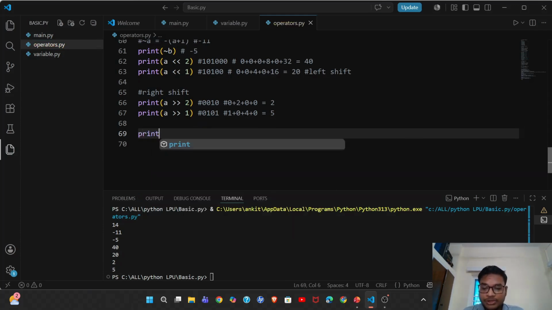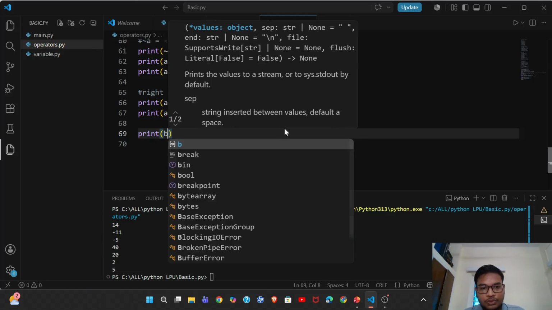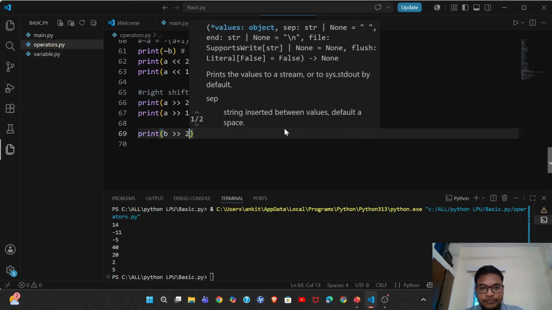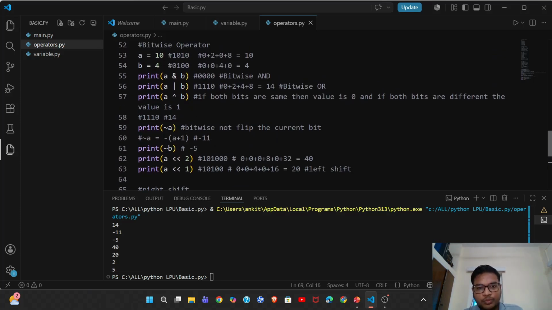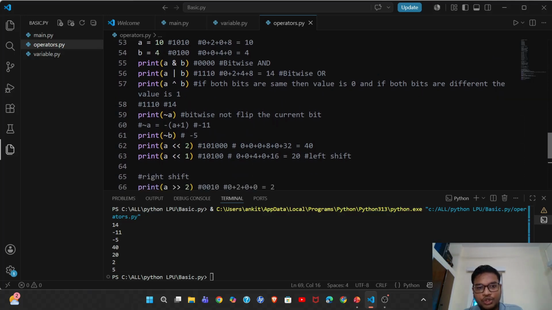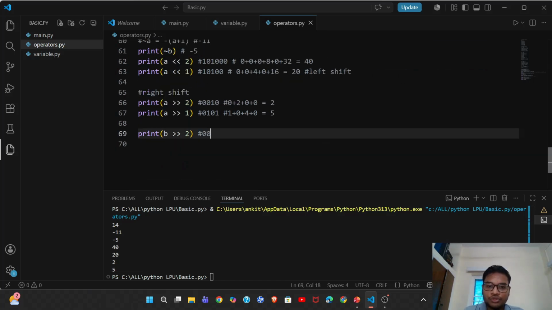If we deal with B, we also do the same. Why consider only A? So now let's do it with B. B means right shift 2. So this one is 0001. Then find the sum. 2 to the power 0 is 1, plus all zeros: 2 to the power 1 is 0, 2 to the power 2 is 0, and 2 to the power 3 is 0.